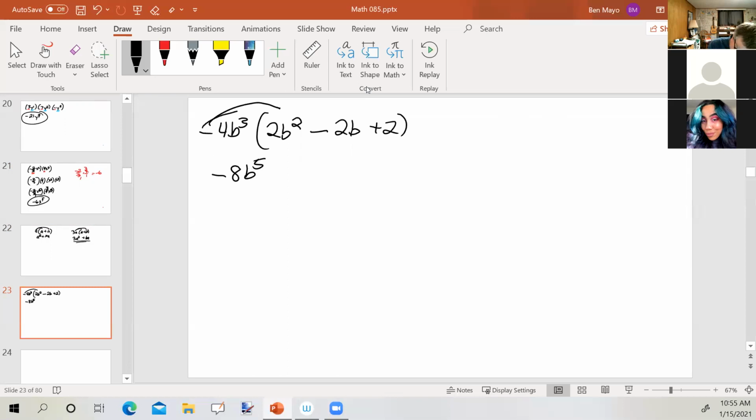Then I'm going to take negative 4b cubed times minus 2b. Negative times negative is positive. 4 times 2 is 8. B cubed times b to the first power is b to the fourth power. Then I'm going to take negative 4b cubed times positive 2, which is minus 8b cubed. And there is our final Jeopardy answer, and it's in descending powers of b.